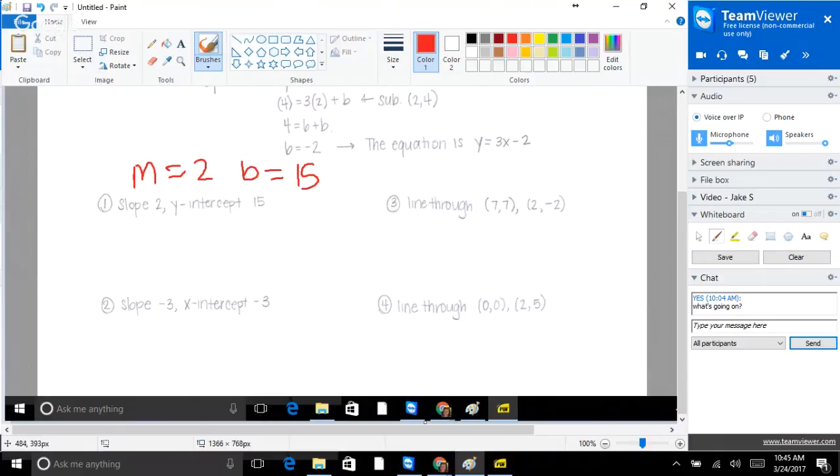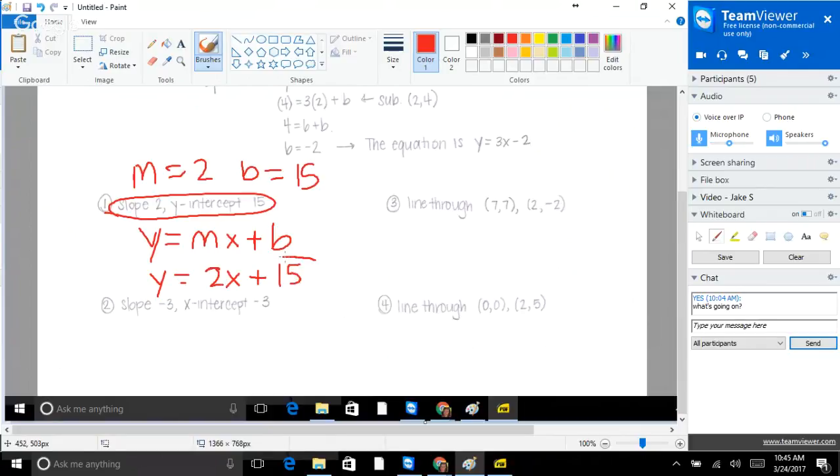So your equation is y equals mx plus b. So your equation for a line with a slope of 2 and a y-intercept of 15 would be y equals 2x plus 15. That's all you would do to write that equation. Okay?